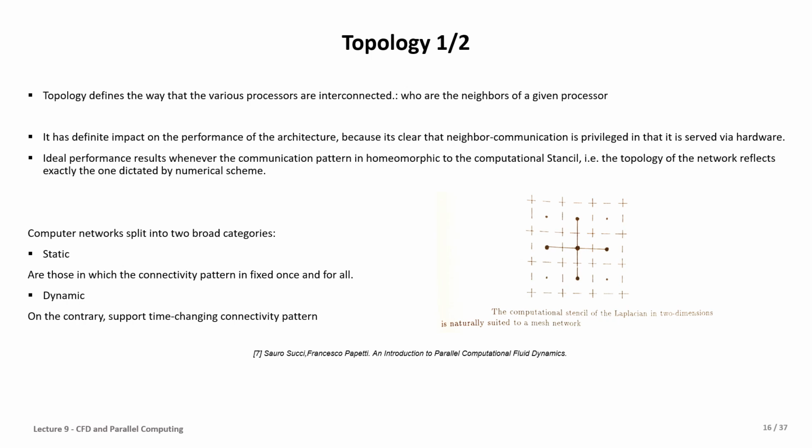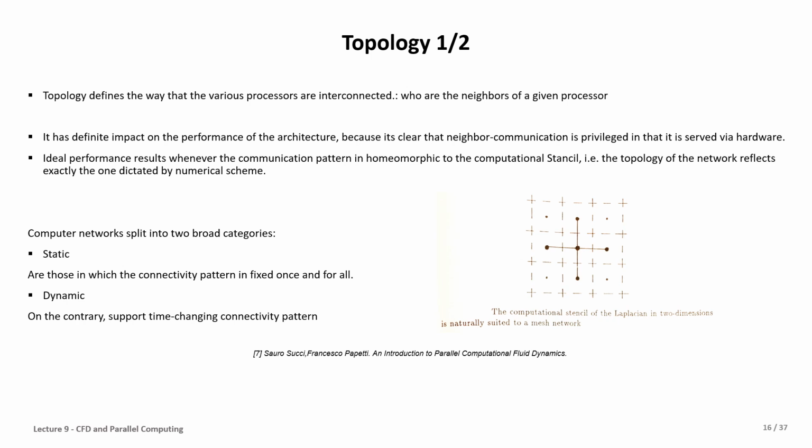When we look at the topology, computer networks are split into two broad categories, static and dynamic. For the static one, the connectivity pattern is fixed once and for all. But the dynamic one supports a time-changing connectivity pattern.